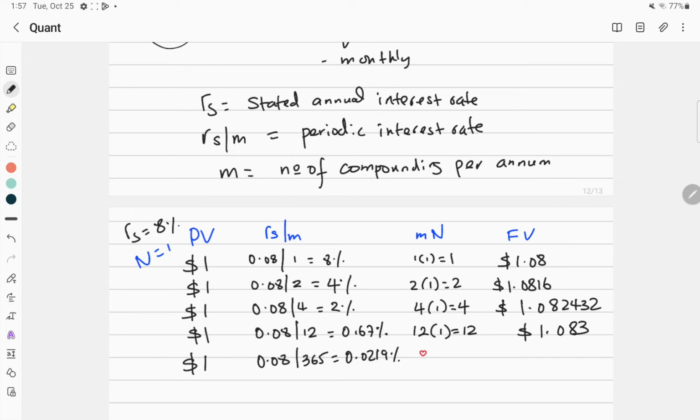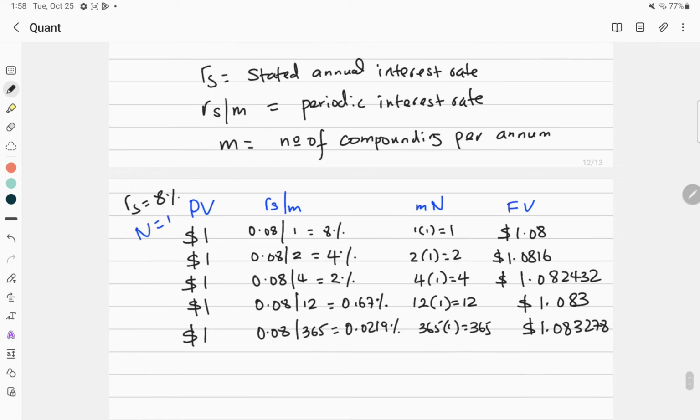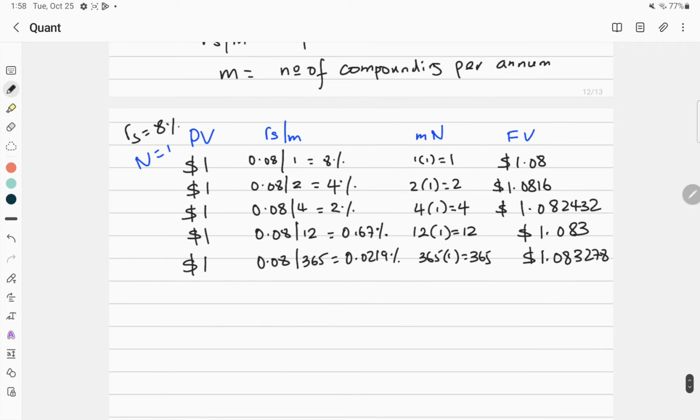And our MN will be 365 times 1, which is 365. So at the end of the first year, this will be worth about 1.083278.